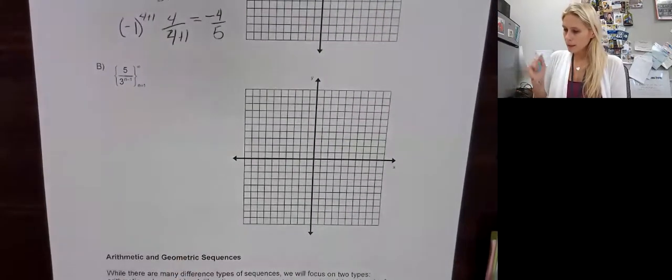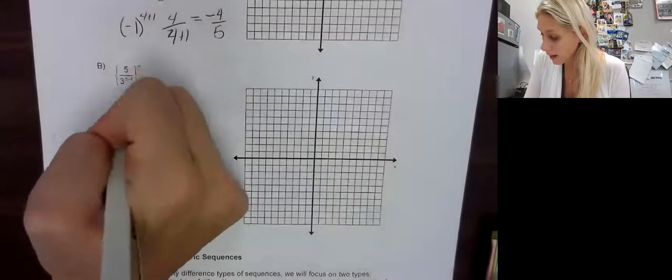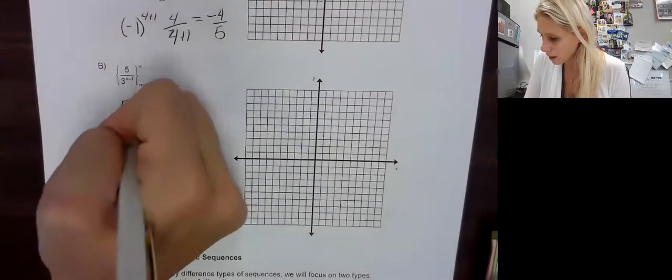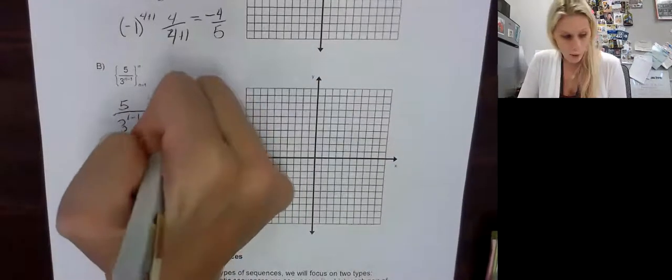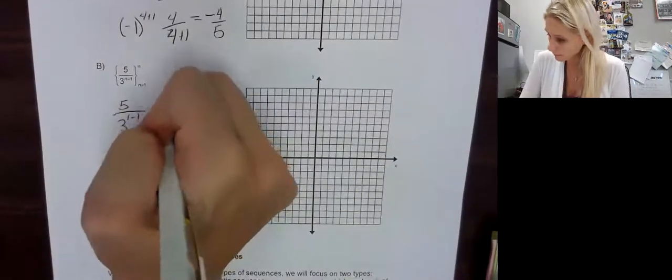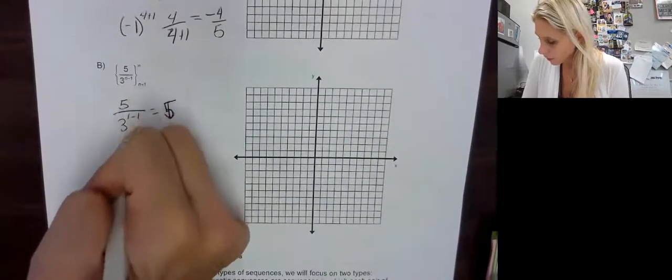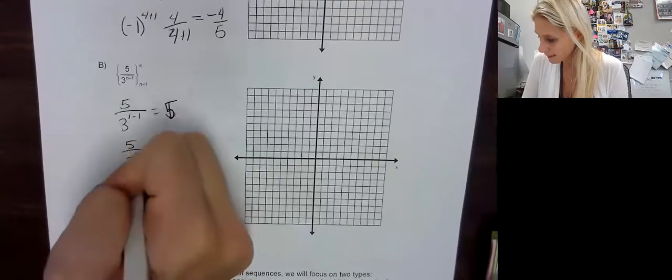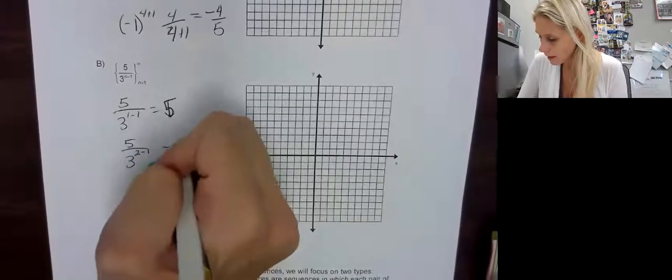All right, let's look at the next one down here. We're going to start with 1. So 5 over 3, 1 minus 1. Well, that gives us 5, sorry. 5 over 3, we're on the second term, so 2 minus 1, 5/3.